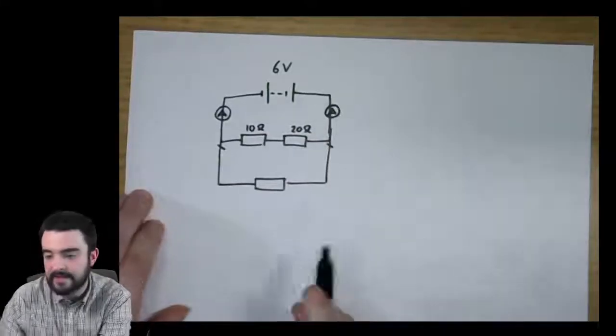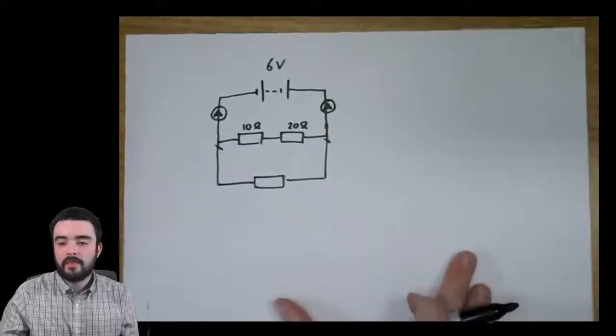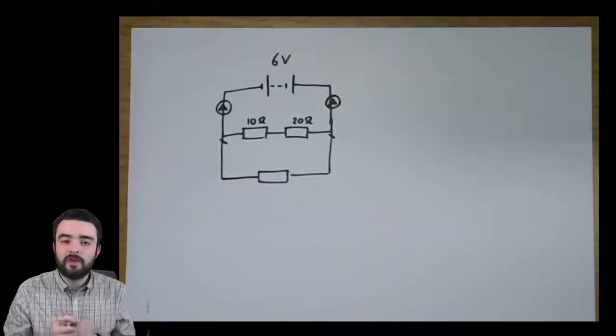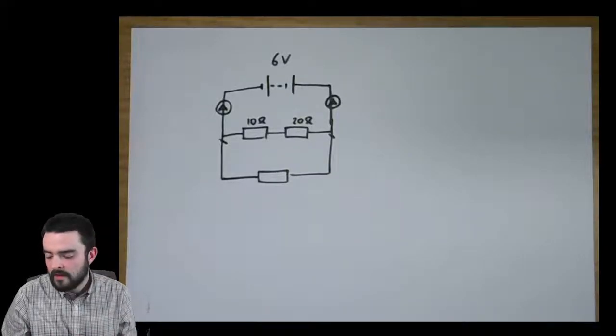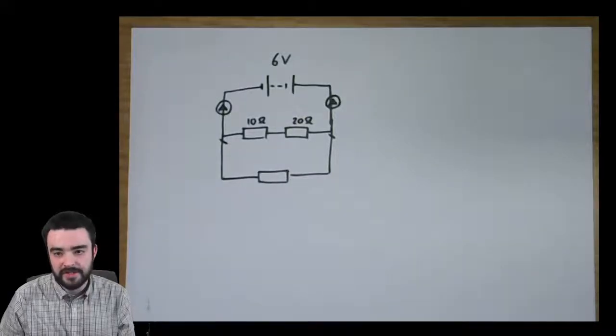Right, let's reinstate this loop. We said before that the current in a series circuit has to be the same everywhere because you can't get extra current from somewhere. The same logic applies when you think about branches.